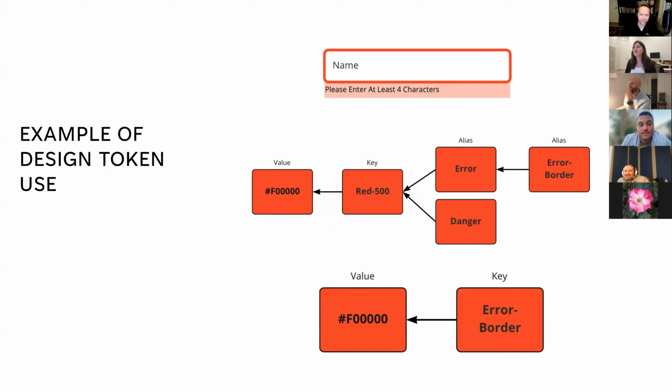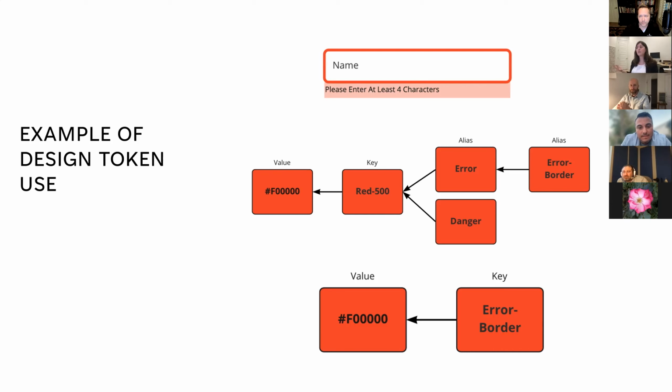Okay, next concept we're building off of that. So let's say we've got this beautifully designed input field that has validation when you don't have input that's formatted properly. So we're using that error color as a border, and we're defining another alias that references the error color.